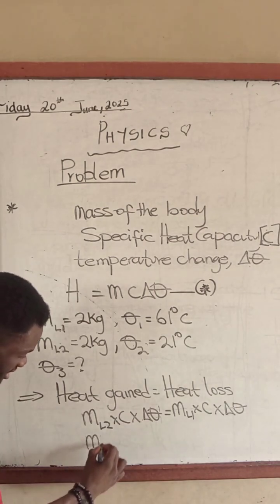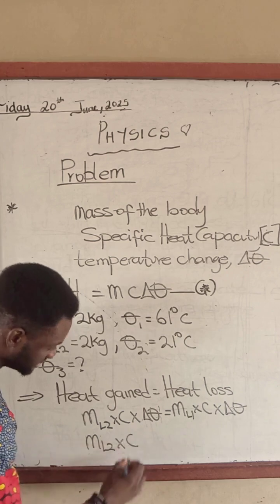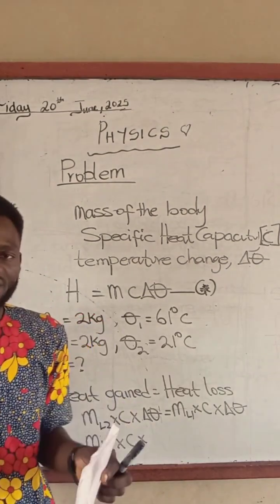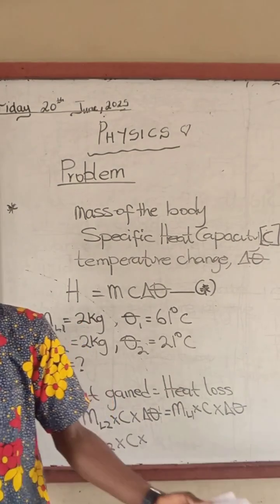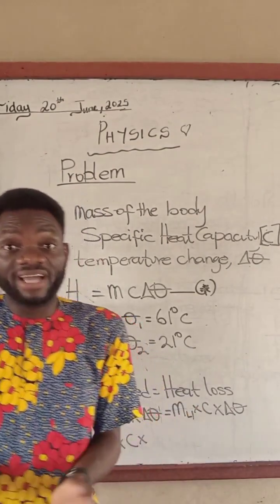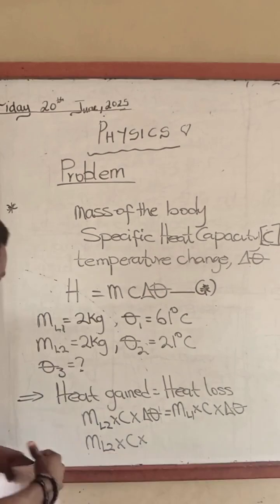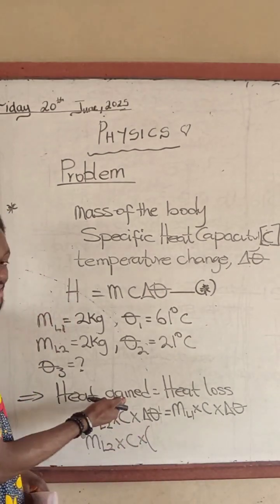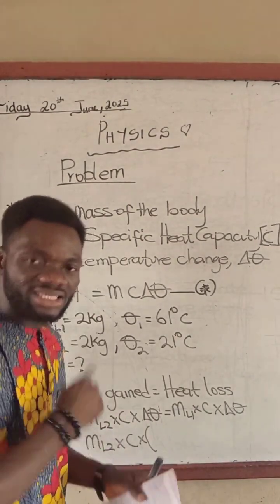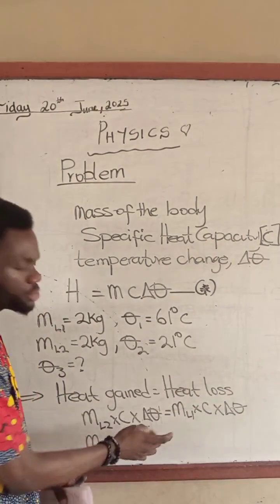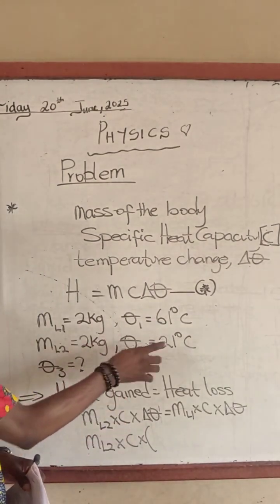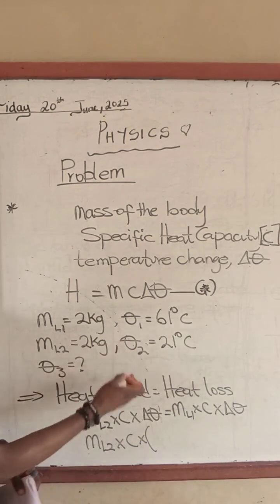So we have mL2 times C times delta theta. Delta theta represents a change. It's called temperature change, temperature difference, rise in temperature, the difference between an initial temperature and a final temperature. For the body that gains heat, its initial temperature will be smaller than its final temperature. So for this one, it is the final temperature minus the initial temperature. And we know that the final temperature is what we are told to look for.